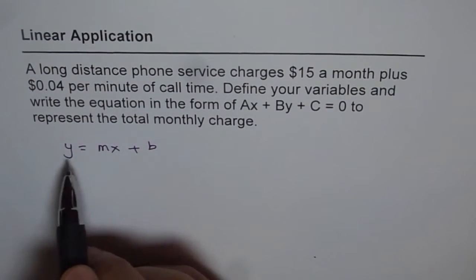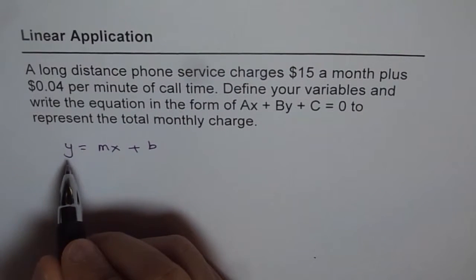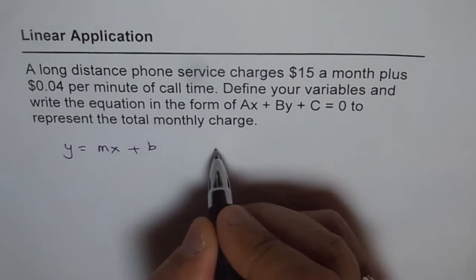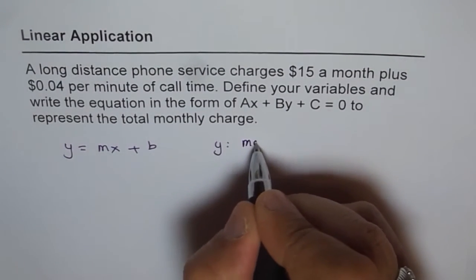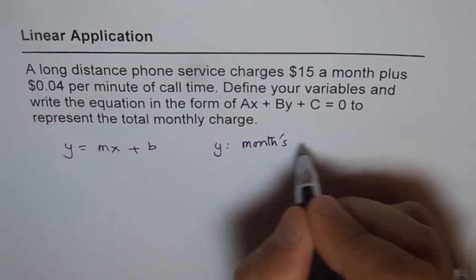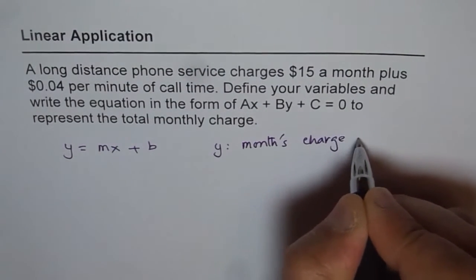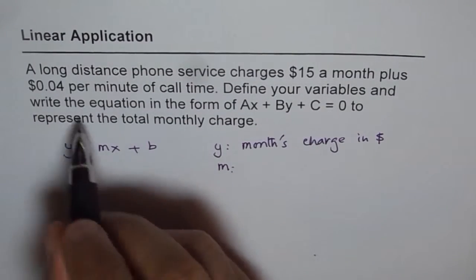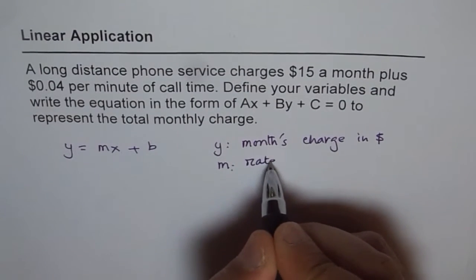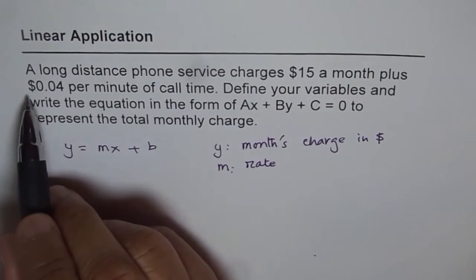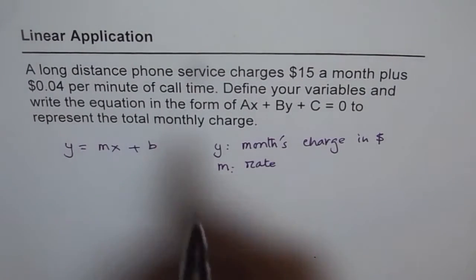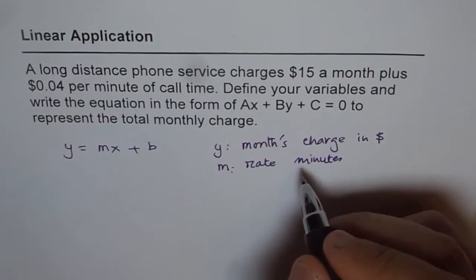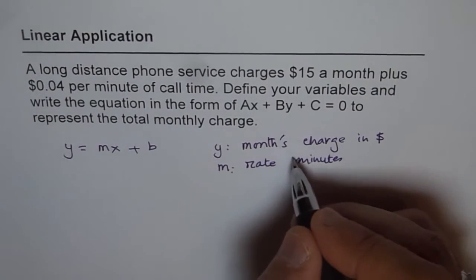Now, in this slope-intercept form, this is the total charges. Let's say y is total charges per month, right? So we have y as month's charge in dollars, and in this m is the rate, so it is plus 0.04 per minute of call time, rate in minutes, right, for every minute call, rate per minute, right?